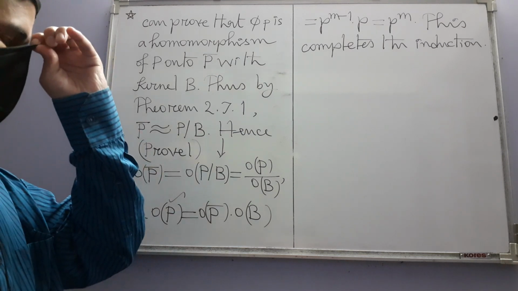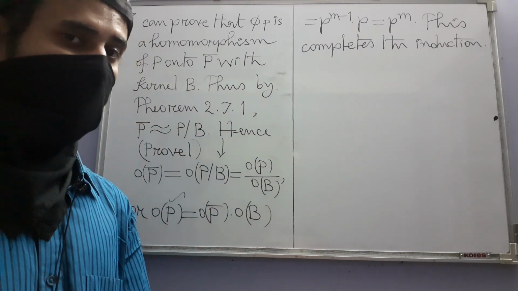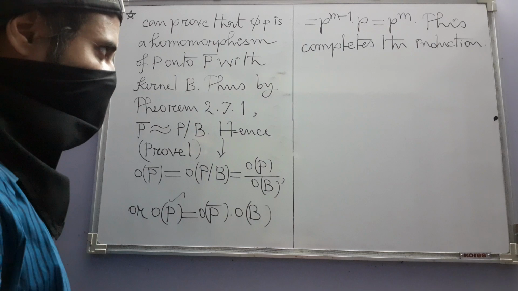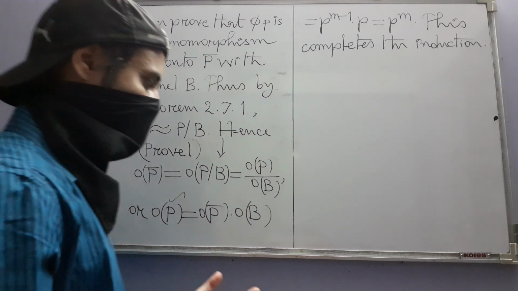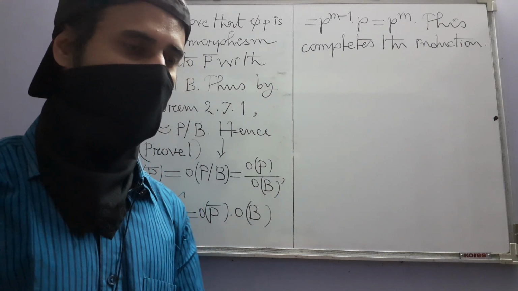After this second proof, we have another proof also, the third proof of Sylow's theorem. Now you may think that this is really an overkill. Why do you have three proofs?